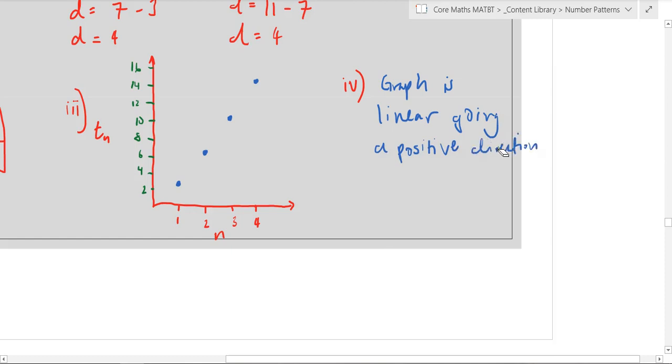Positive because it's going upwards, and if it's negative, it'll be going downwards. But in this case, we're going upwards like that.